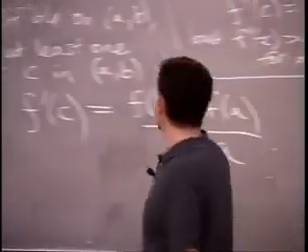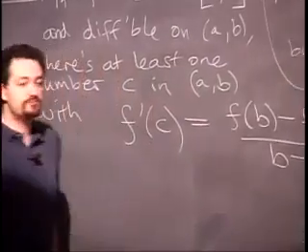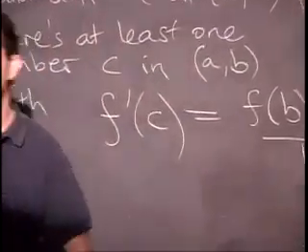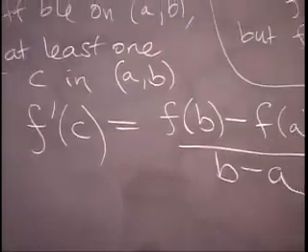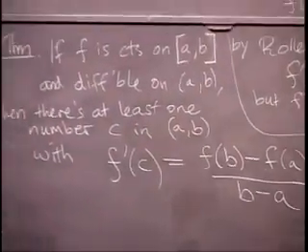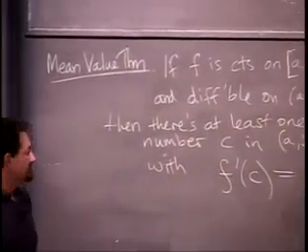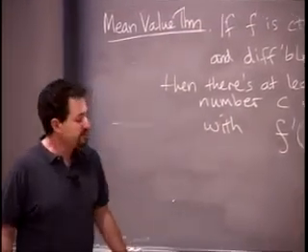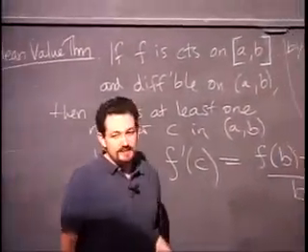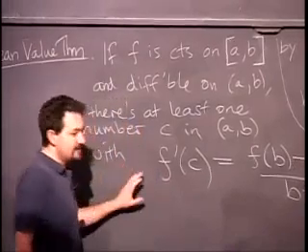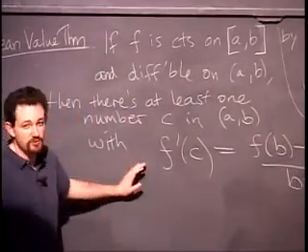So moving back over here, the only other difference is instead of f prime of C equals 0, we now have f prime of C equals this mess, f of B minus f of A over B minus A. Okay. Before you panic too much about the formula, let me just say that this theorem is basically Rolle's theorem on steroids.